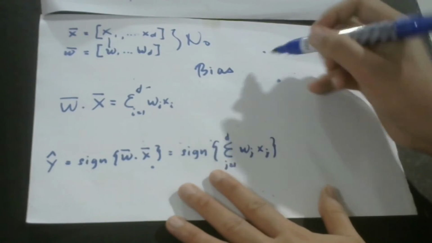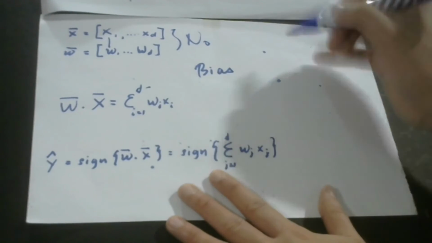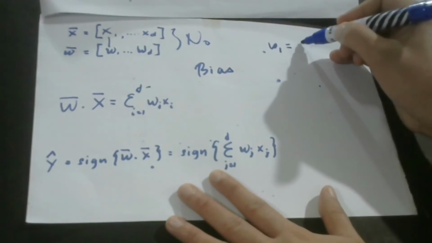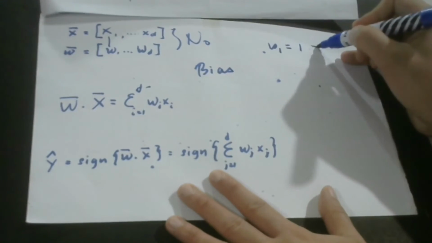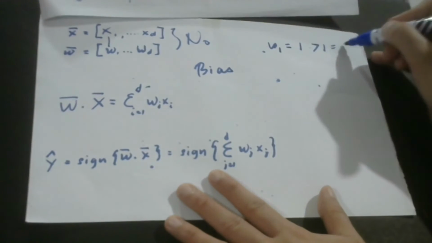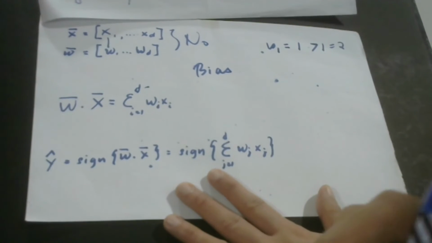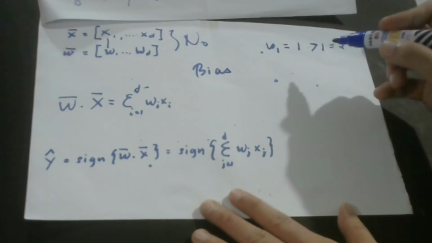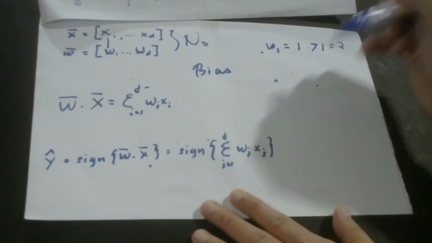Then what we can do is adjust the weight. For example, weight 1, which is equal to 1, can now be greater than 1, for example equal to 2, or it depends on a certain case. That is why in this case we can say that there is really bias.